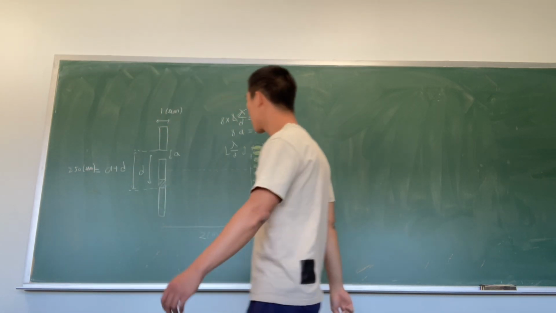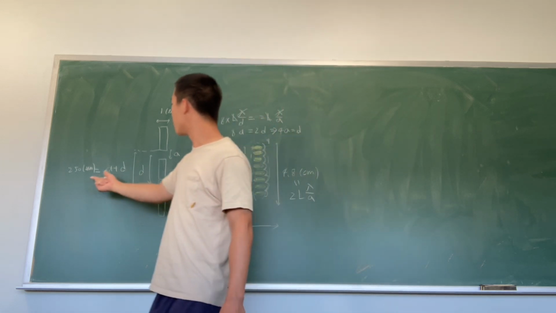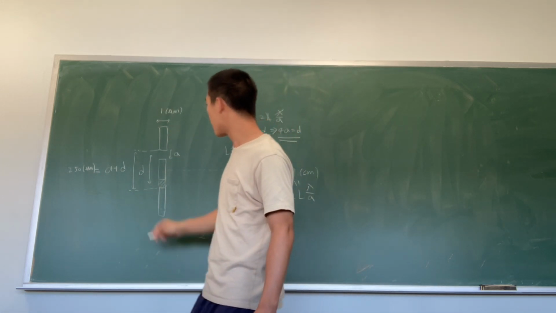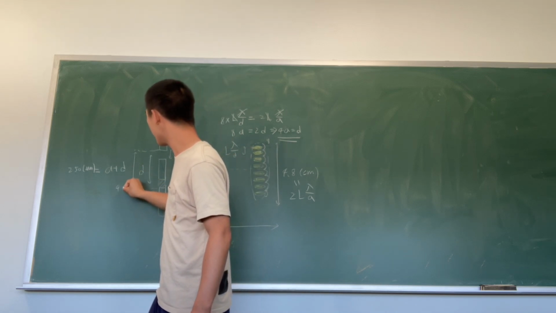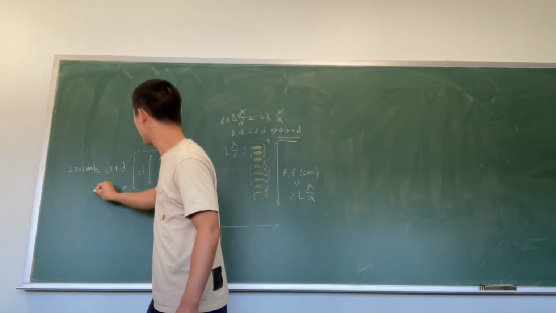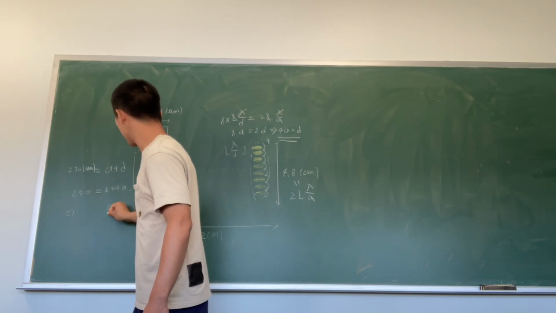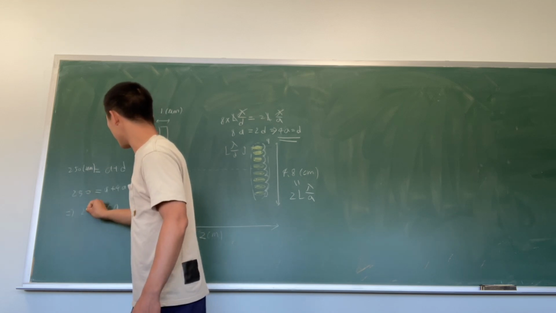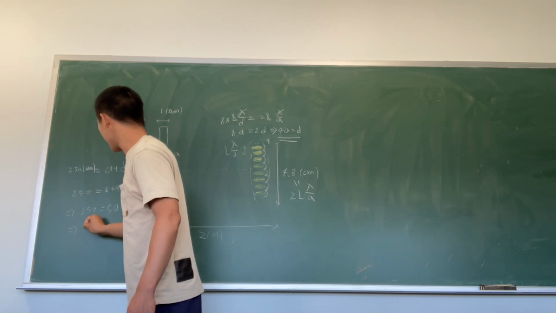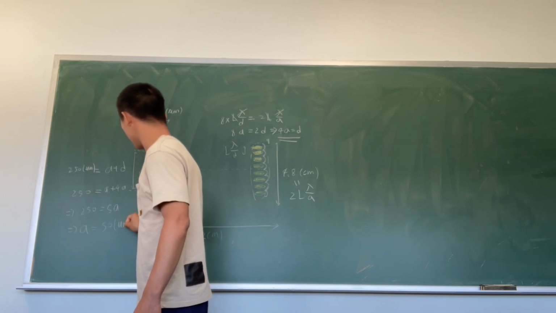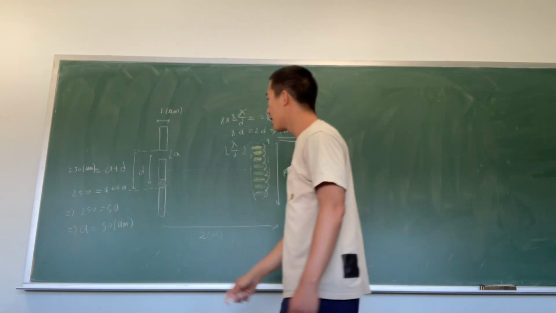So if the sum is 250 and the ratio is 4, I can replace D with 4A, and then I get 5A equals 250, and then the width of the single slit is 50 micrometer.